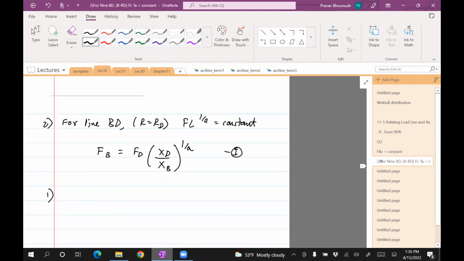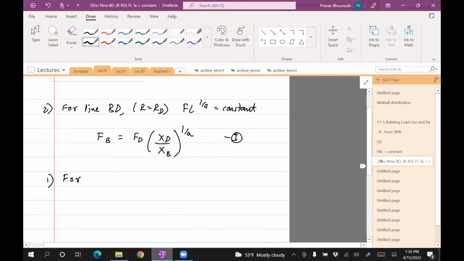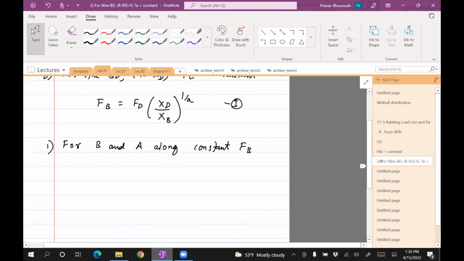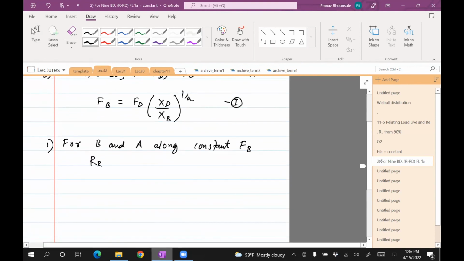So for B and A, along constant load FB, we have RB equals exponential of minus XB minus X0 divided by theta minus X0, raised to b.